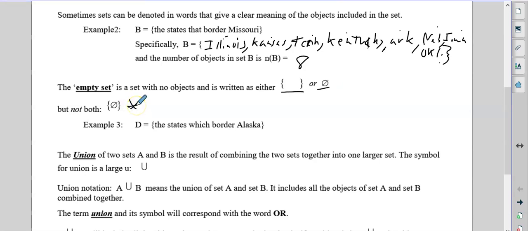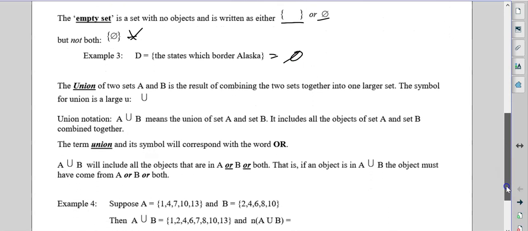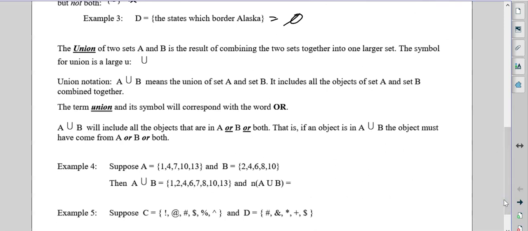So you don't put the empty set in the empty set, because then there's something in the empty set. So we don't want to do that. So, for example, the states that border Alaska. Well, that's the empty set, because there are no states that border Alaska. So if you set up a requirement that there's no answer to, the answer is the empty set. So it's kind of like the answer is no answer.